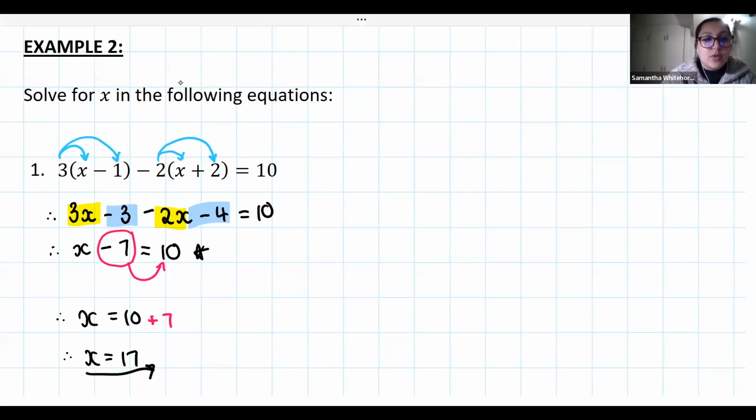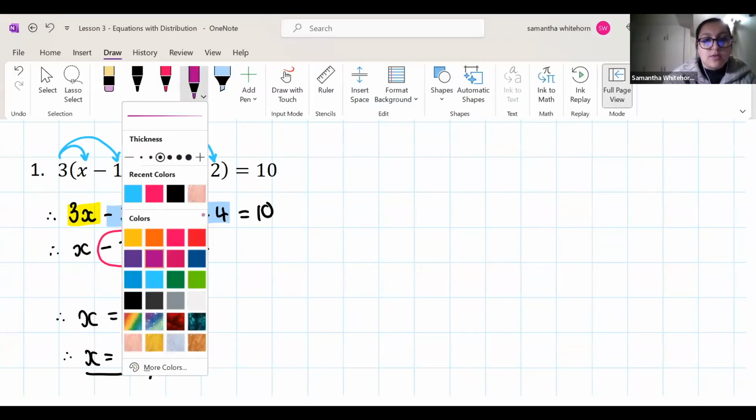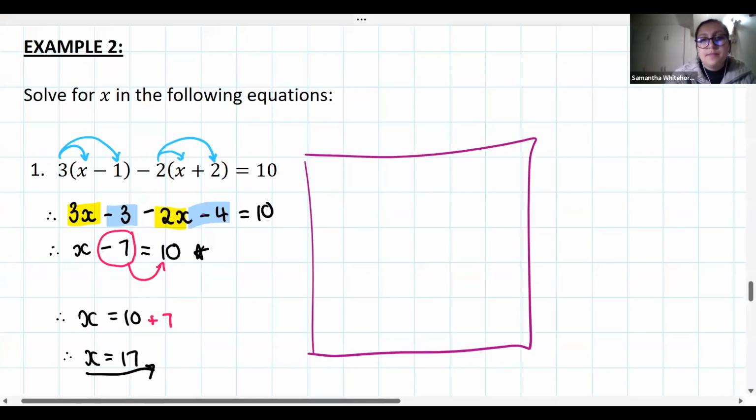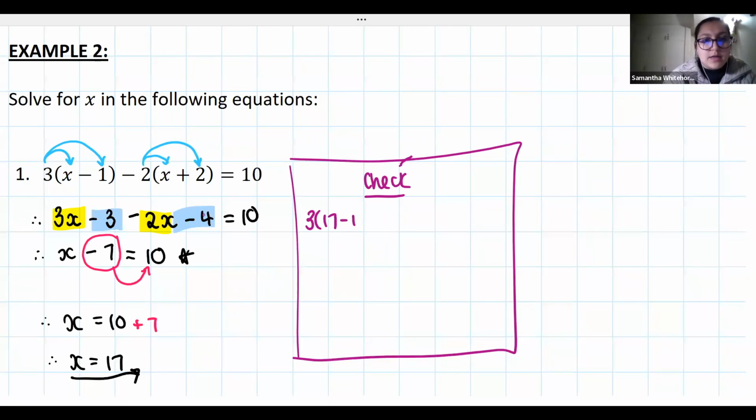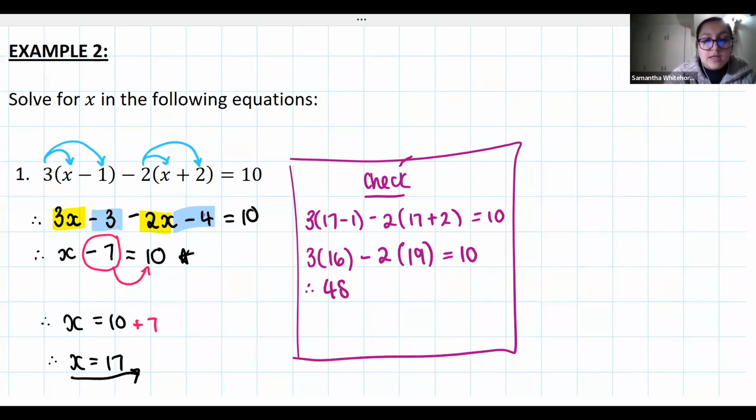Now, if we just do a quick check to make sure that we agree with our own answer, remember, check left-hand side is equal to the right-hand side. 3 times 17 minus 1 minus 2 times 17 plus 2 is equal to 10. 17 minus 1 is 16, so 3 times 16 minus 2 times 17 plus 2, which is 19. 3 times 16 is 48.